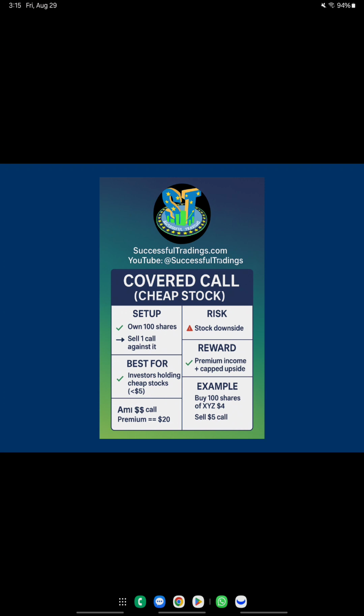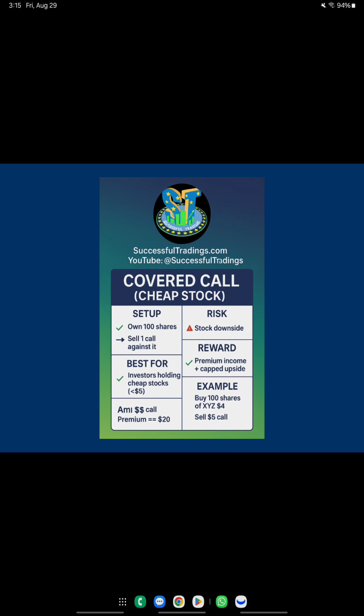With that strategy, you buy 100 shares, but in our scenario of $500 in your account, you buy 100 shares of a $4 stock. That would be an investment of $400, right? Then you sell, for instance, the 4.5 call, and you collect that premium. That could be like 5% of your account back in one move.